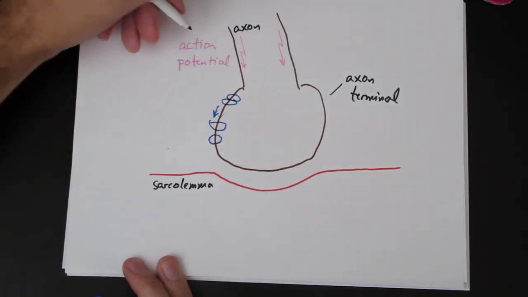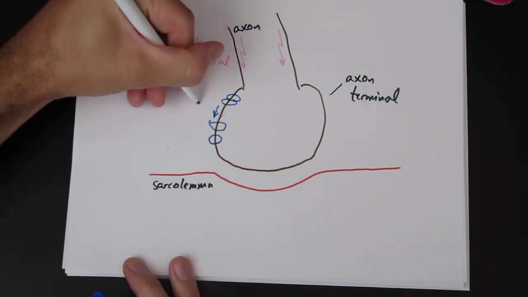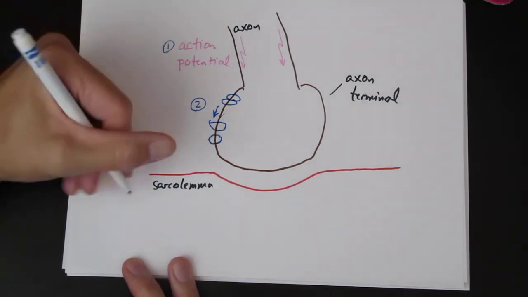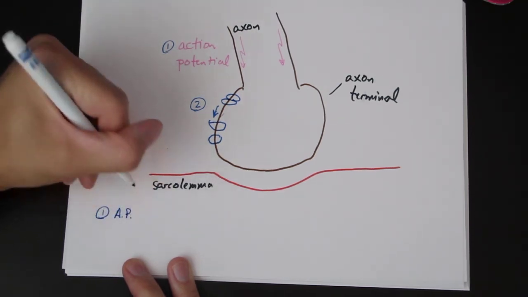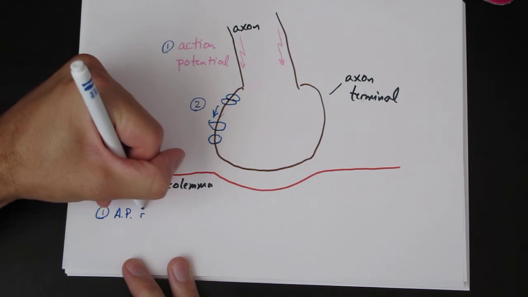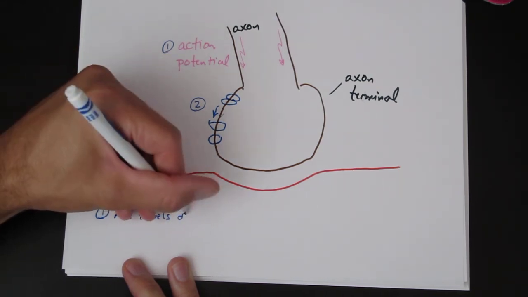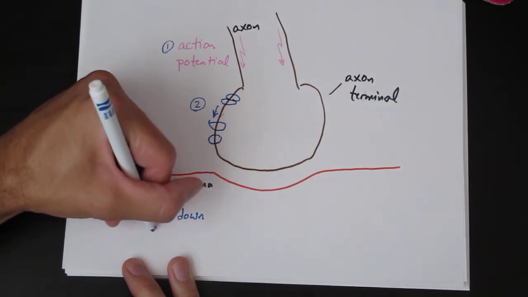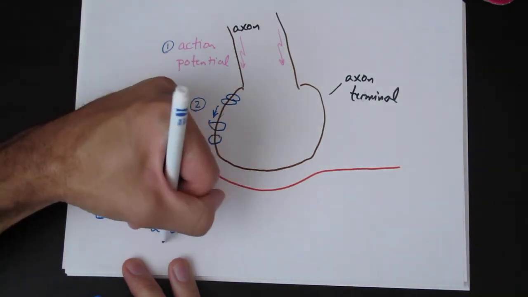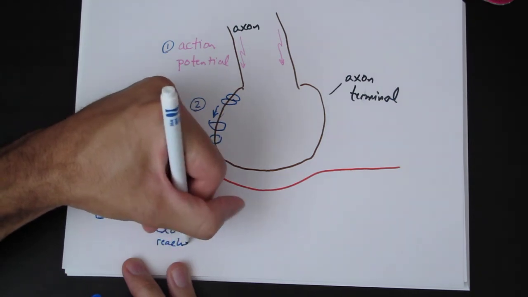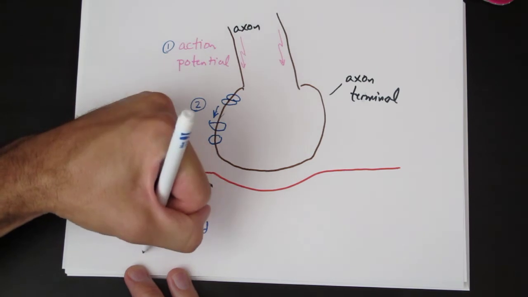All right, let's go ahead and write these things down. So we're going to say here number 1, and then number 2. Number 1 is that an action potential travels down the axon and reaches the axon terminal.